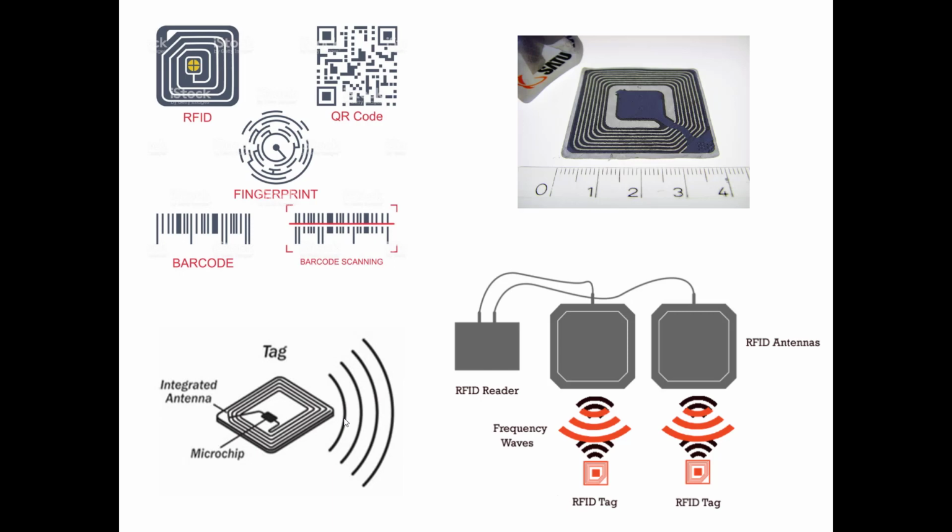Sometimes incidents happen, like some items being stolen from the hospital. This will give us an alarm in that case. So the use of the RF tagging system is really helpful.